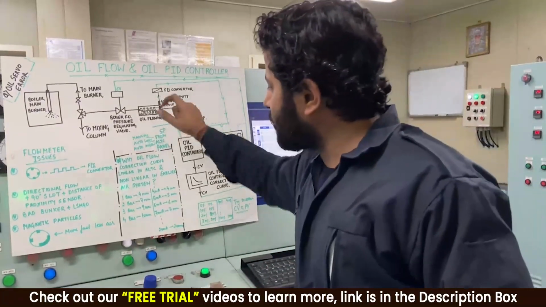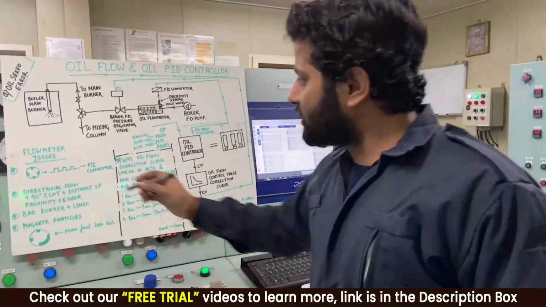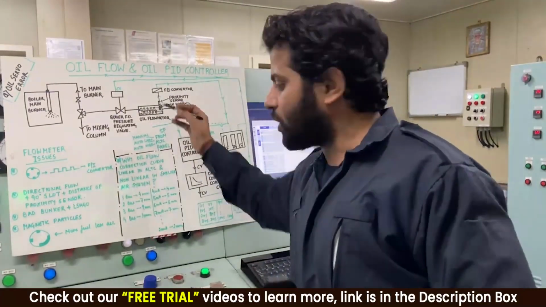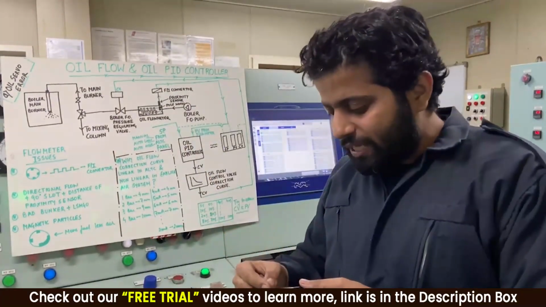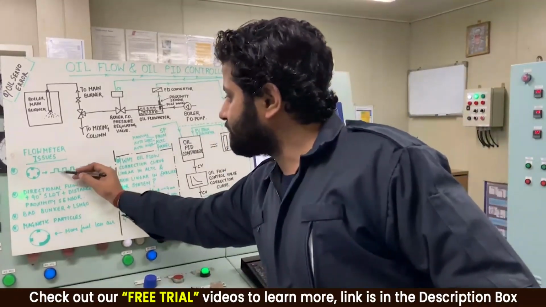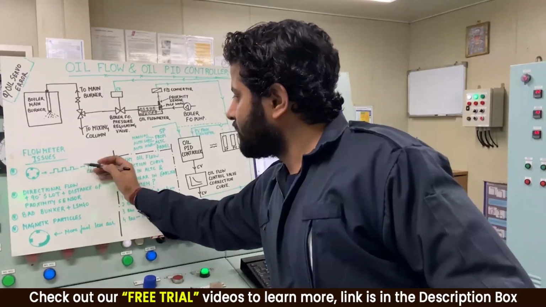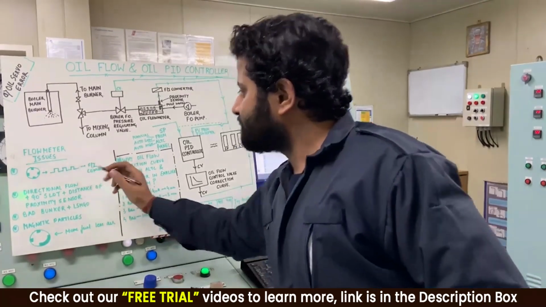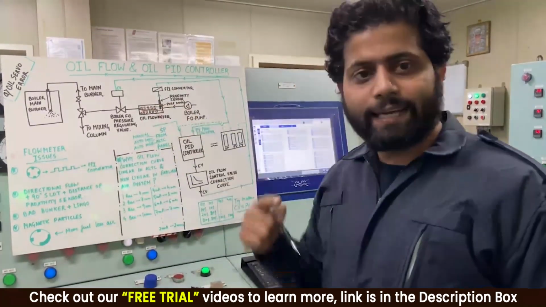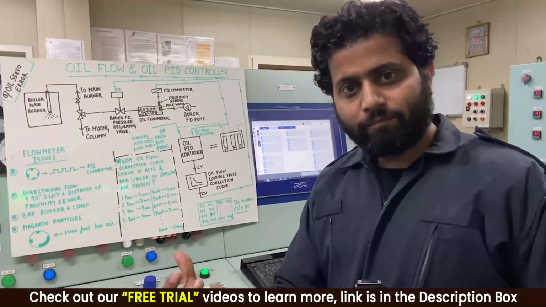When this pole wheel is rotating, each time a magnet comes near this proximity sensor, a pulsation comes: tick, tick, tick, tick. So when there are 4 pulsations, that means one complete revolution has happened. That means a certain amount, say 100 cc, of oil has gone, right?